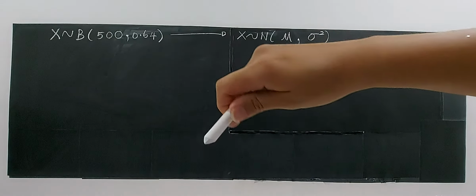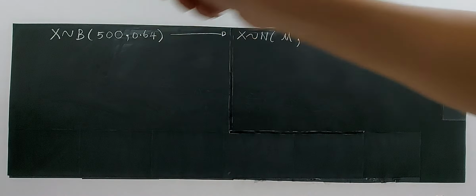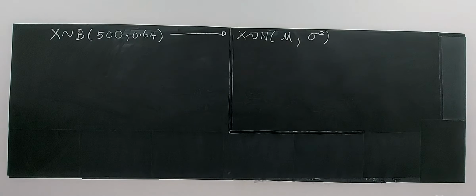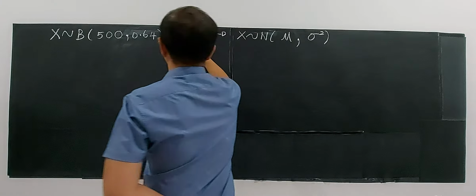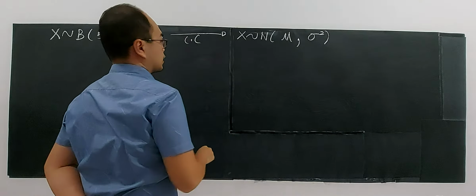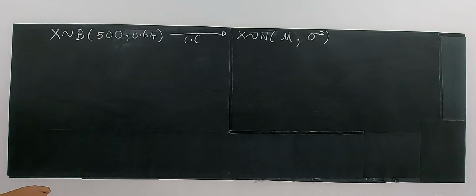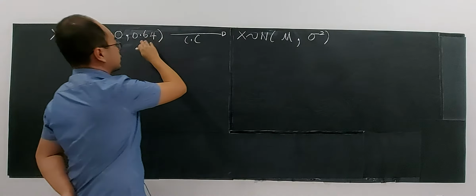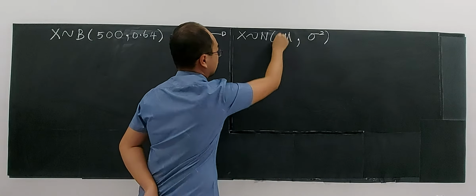Discrete to continuous, very easy. We need to do continuity correction. Later on, we know what to do. Before you transform to this distribution, you have to find the mean.